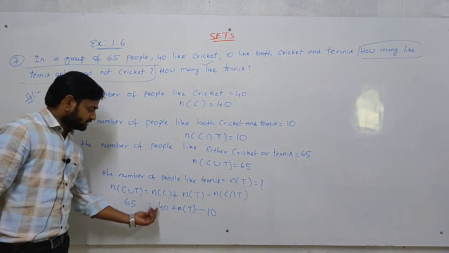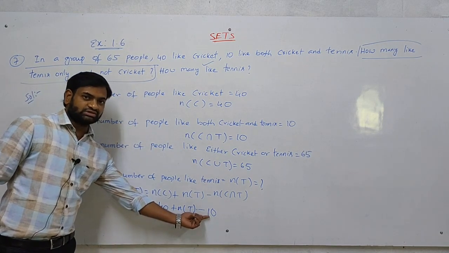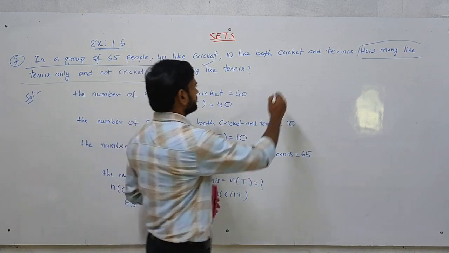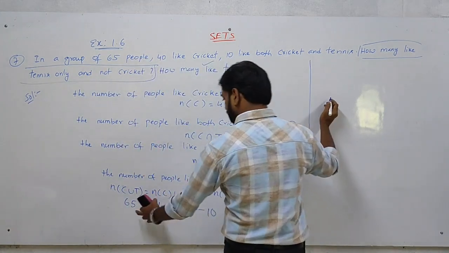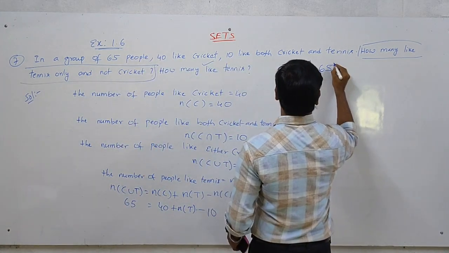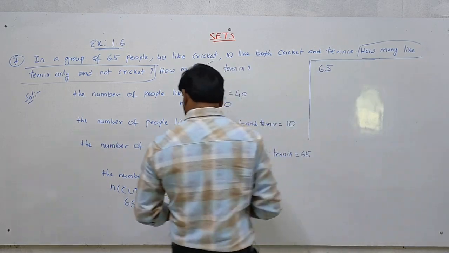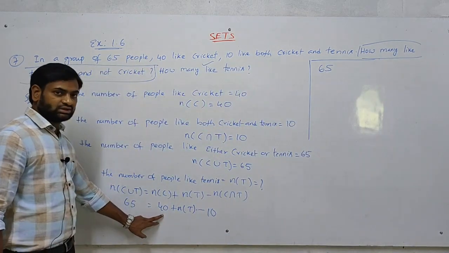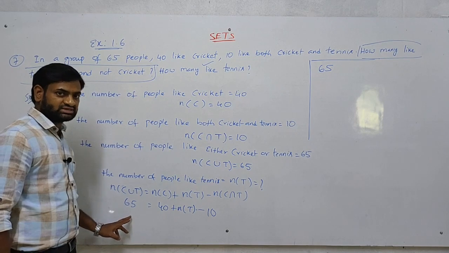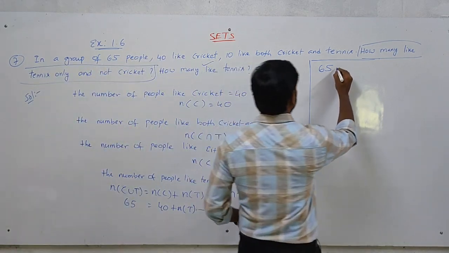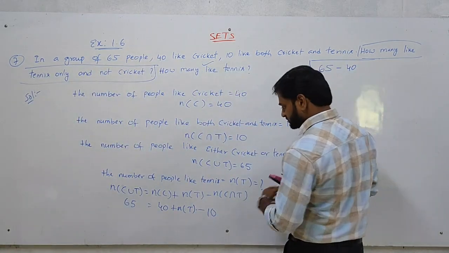Now send this 40 to this side, and minus 10 to this side. So 65 same. Now see, it is plus 40. If you send it to this side it is minus 40. Next, minus 10.